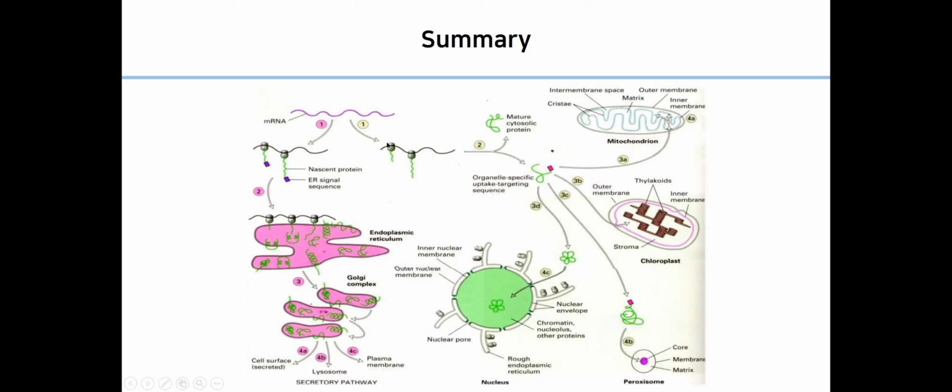Or if it doesn't have the signal peptide, it can stay in the cytosol permanently, or it can get specific targeting signals. It can be transported into the mitochondria, nucleus, or chloroplast. We don't handle the pathway of the nucleus and chloroplast. It is quite complex.